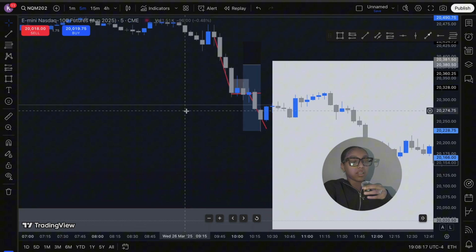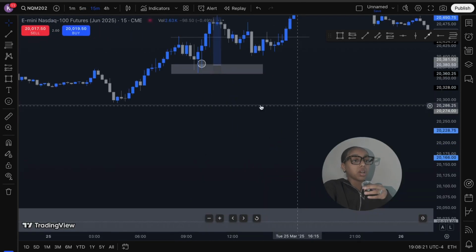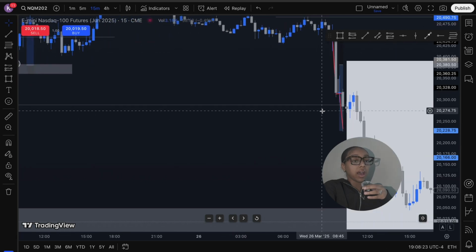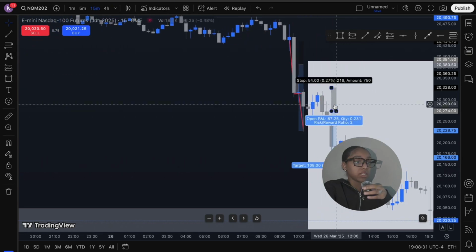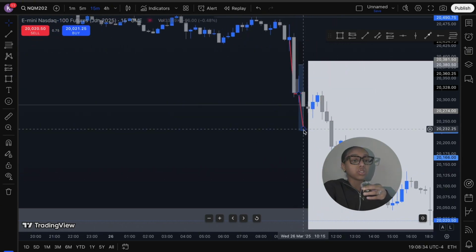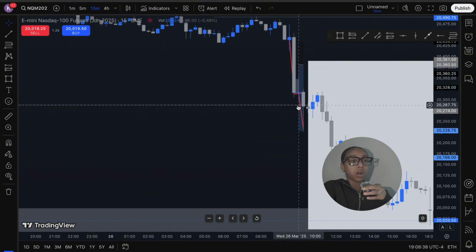The way I marked up this area, I used the 15 minute to determine where my take profit would be. So this was my first take profit, this area, and then we continued to drop past it. From there, I just trailed my stop loss.